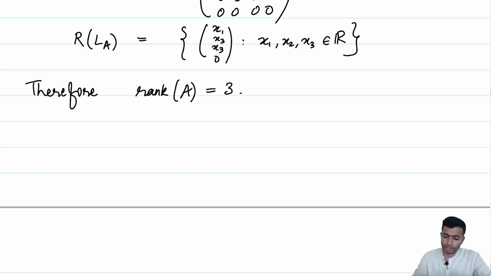Of course, in this particular case, it was quite easy to consider L_A and explicitly calculate the dimension of the range. But that is not generally an easy problem.